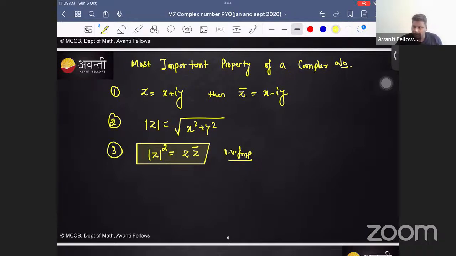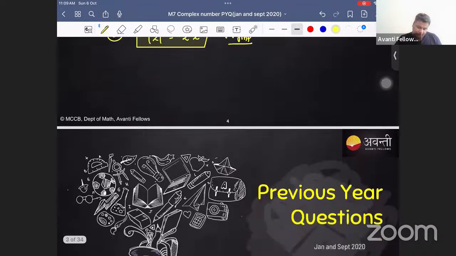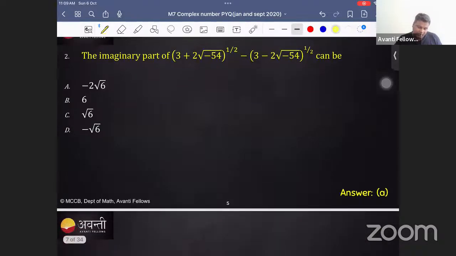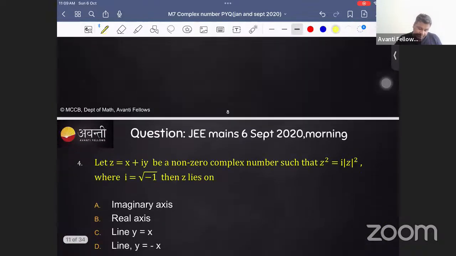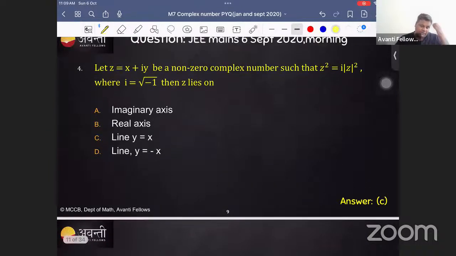Now see, let's do a question on this property. There is a question in previous year JEE, that is this one. Let z equals x plus iota y be a non-zero complex number such that z square is iota times mod z square. So z square is iota times magnitude of z square.